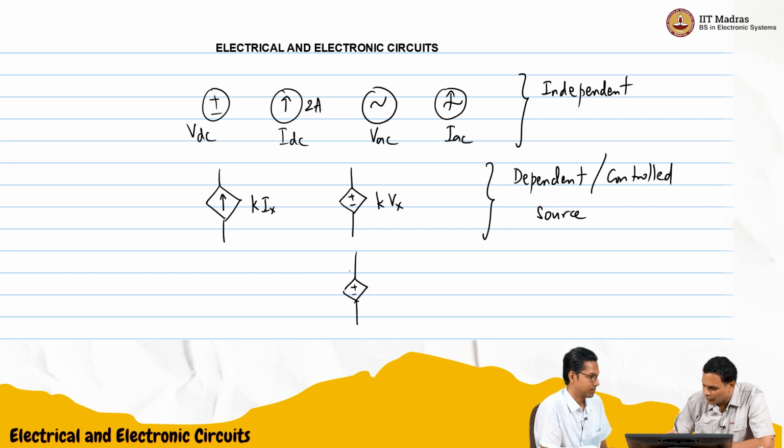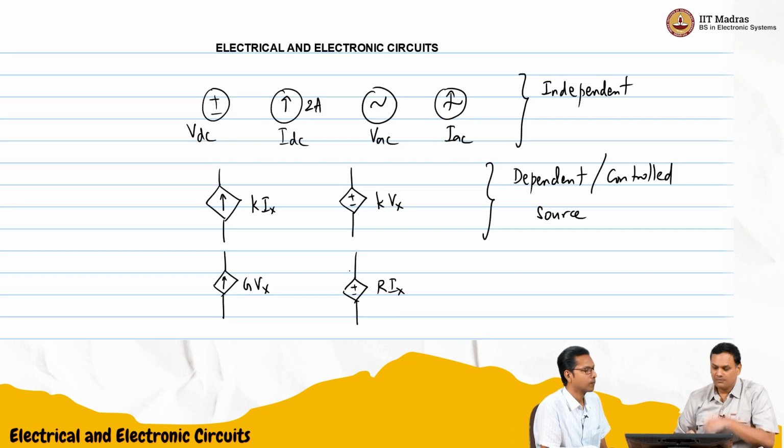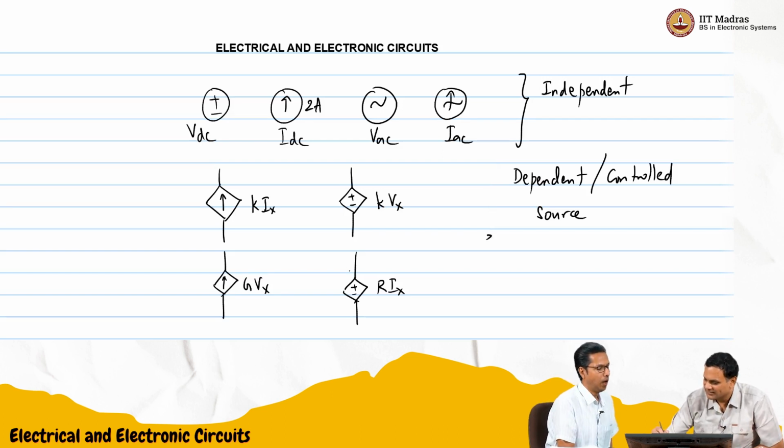Of course, that makes sense. And now I can also imagine something here: G into Vx, a current source. Okay, perfect. That makes sense.